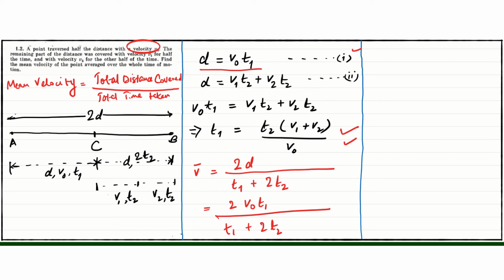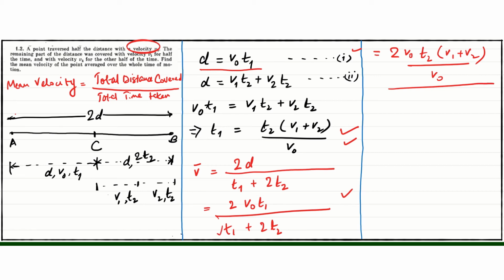So let us try to do that. So this here will be equal to twice of V0, and T1, as we know, is T2 times V1 plus V2 divided by V0, divided by T1 at the denominator.